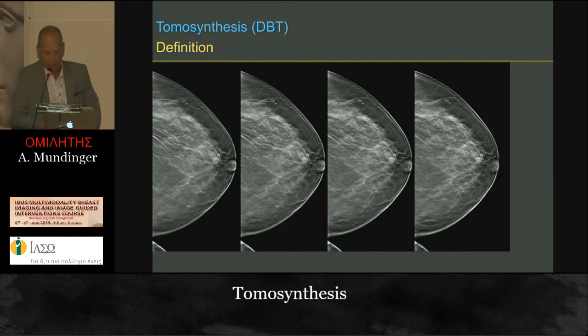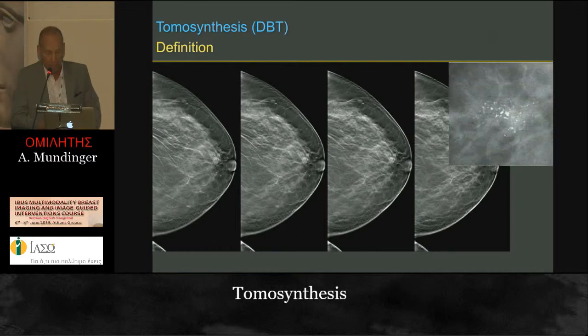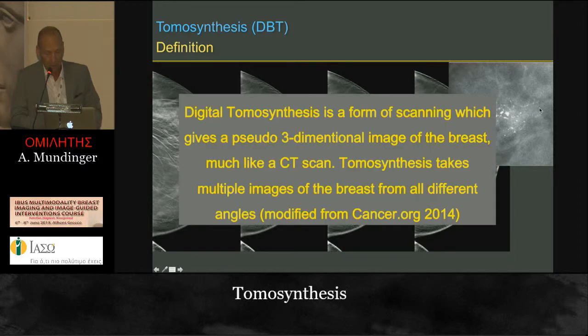The base is the digital platform, but I will not only emphasize that it's also good for calcifications, and here you can clearly see how an expanded TDLU is covered by calcifications. You will get the definition: digital tomosynthesis is a form of scanning which gives a pseudo three-dimensional image. It's not a real three-dimensional image, but it looks much like a CT.